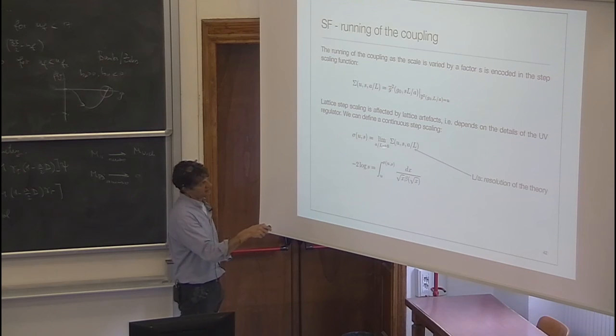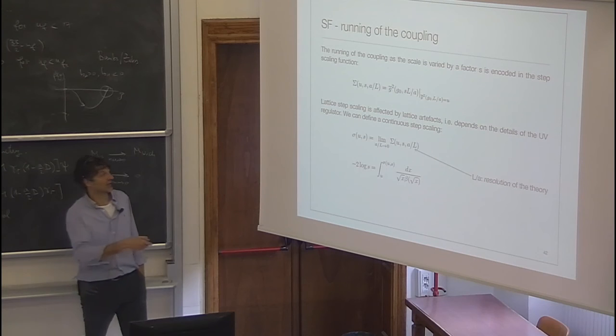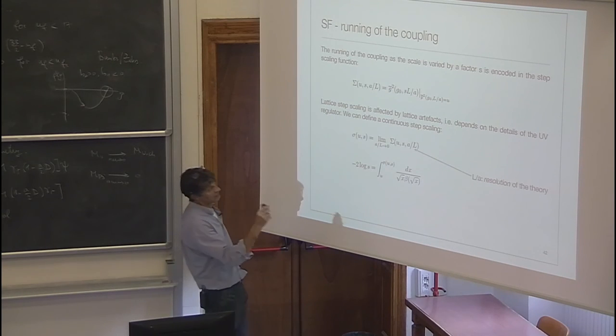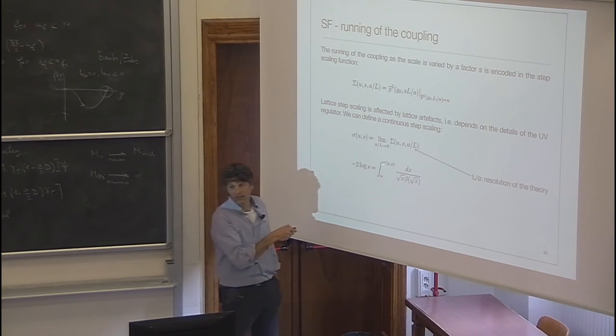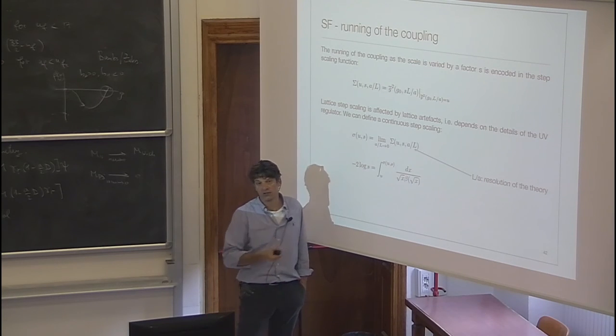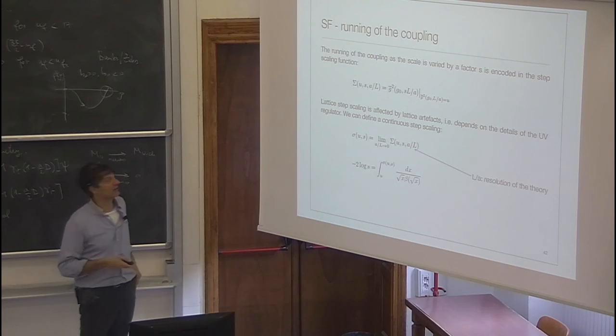The devil is in the details, right? In order to do that, you need to run a lot of simulations. You want this extrapolation to be a controlled extrapolation, so you need a lot of small values of a over L. Small values of a over L means many, many points in your simulation.